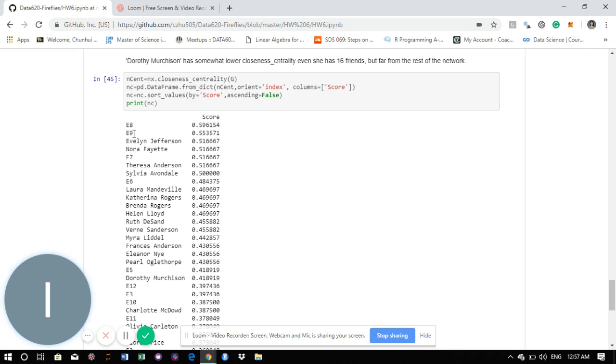It also shows that E8, E9, E7 have higher scores, and Evelyn and Nora Fayette also have higher scores. That logically makes sense: the active woman has closer friendships and is more attractive to the other women. And look at Dorothy Murchison. Her closeness score is relatively lower than many of those women. That means she's not very close to the rest of the nodes.